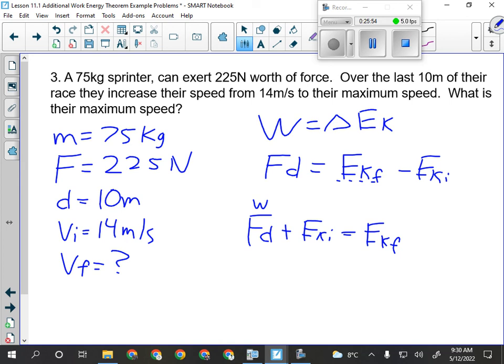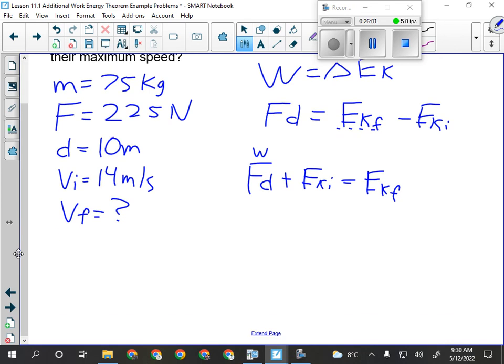Agreed? So far, my manipulation and my algebra makes sense. Okay, so next thing I want to do is expand these two out so I can see all the variables. So that'll be force times distance plus 1/2 mv initial squared equals 1/2 mv final squared.